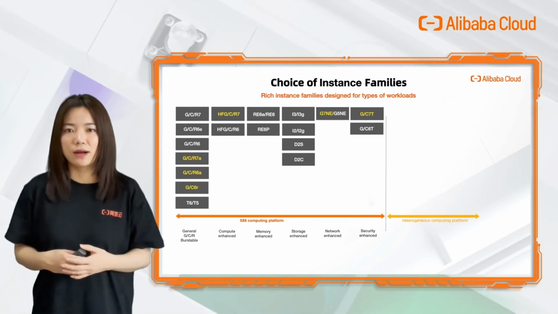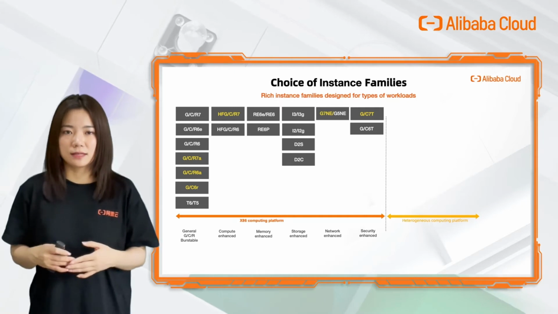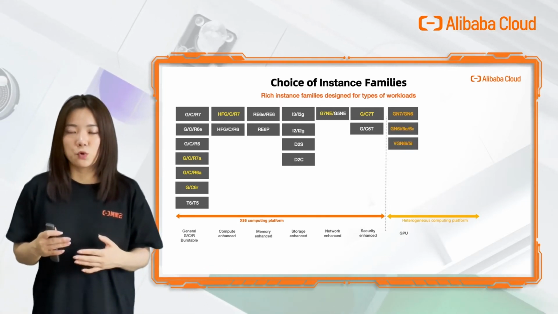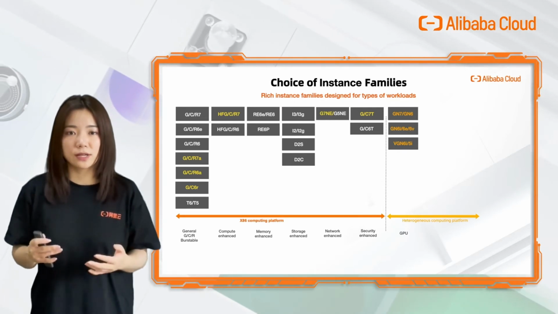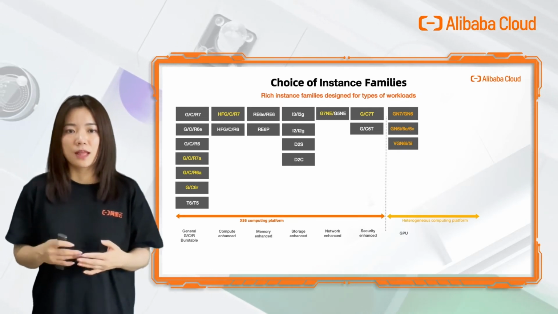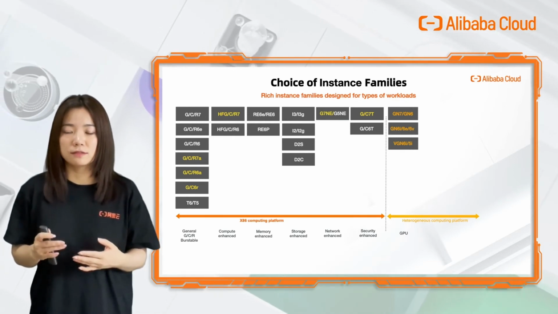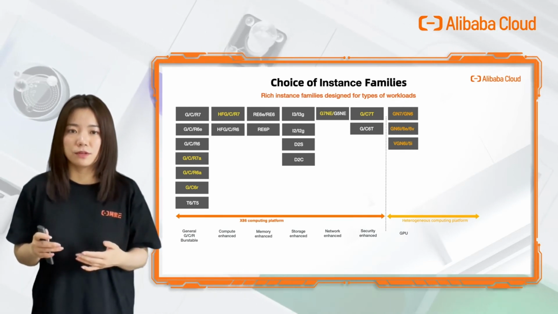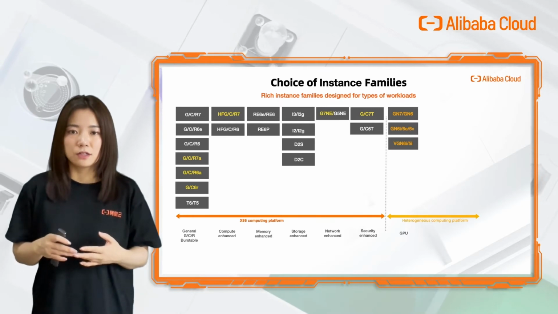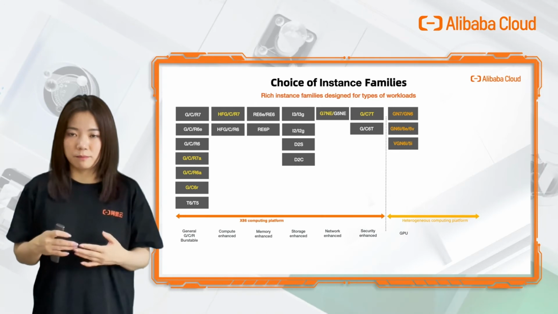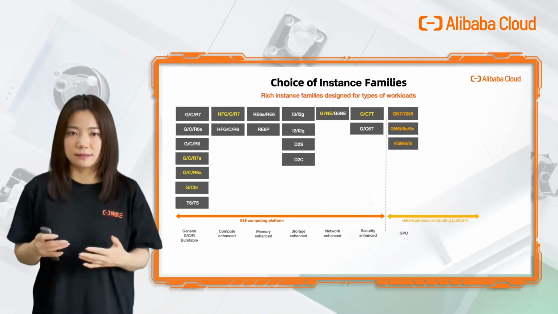In the middle, there are heterogeneous compute products. gn7 and gn7i are newly launched instances equipped with NVIDIA A100 and A10 GPUs. gn6e and gn6i instances are equipped with V100 and T4 GPUs. The vGPU instance family provides GPU with virtual vGPU ability, bundled with an NVIDIA vGPU license.